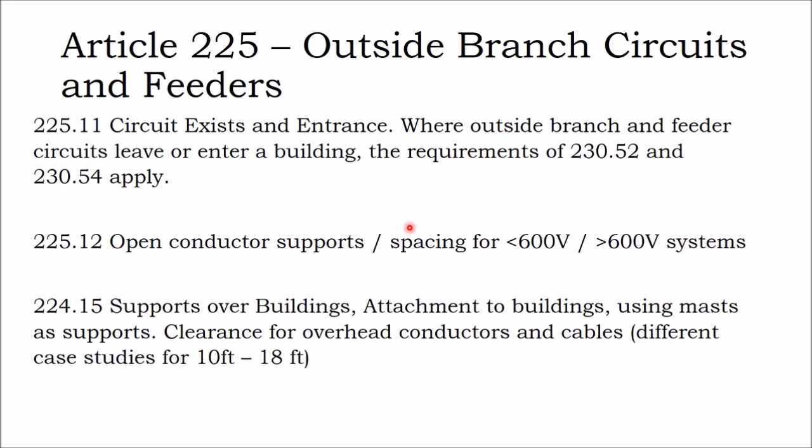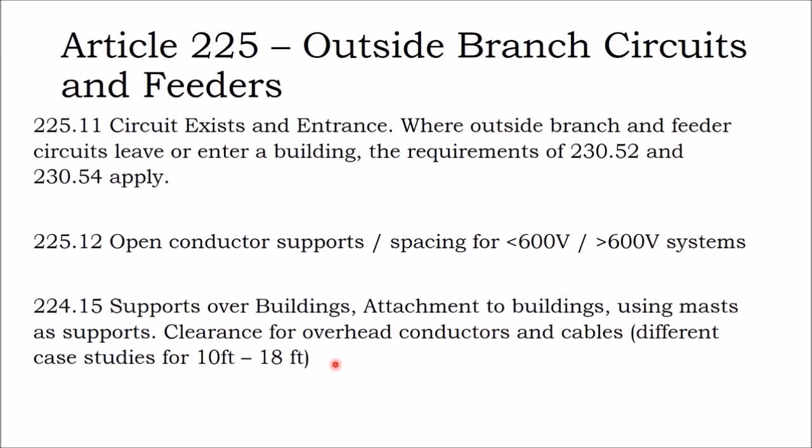So when you're supporting your conductors in conduit up on the rooftop, there are spacing requirements for the supports, the actual conduit support blocks. Supports over buildings, attachments to buildings, and clearances for overhead conductors and cables.